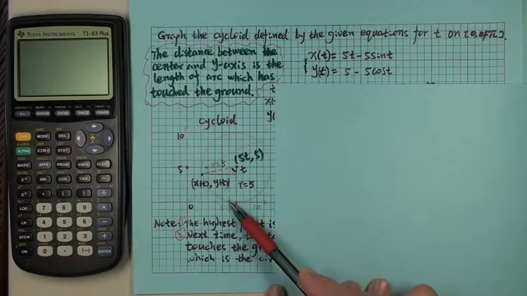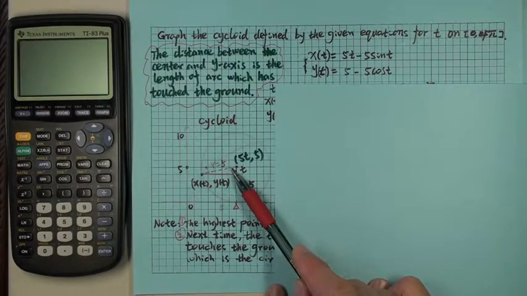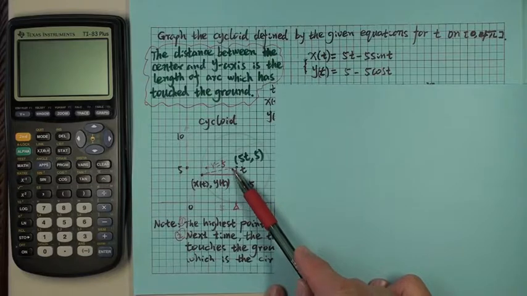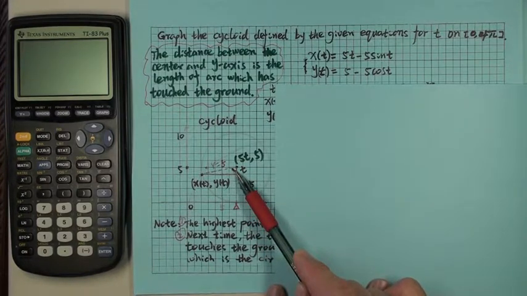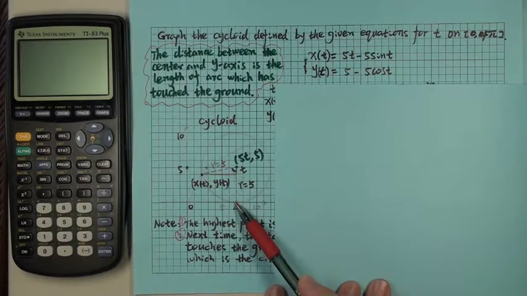The length of the arc equals the radius times the amount of central angle, t, right here. Okay, so 5, the radius, times the amount of central angle, which is t, so 5 times t is the length of the arc, and this part has touched the ground, so equals this part, and that will be the x-coordinate.